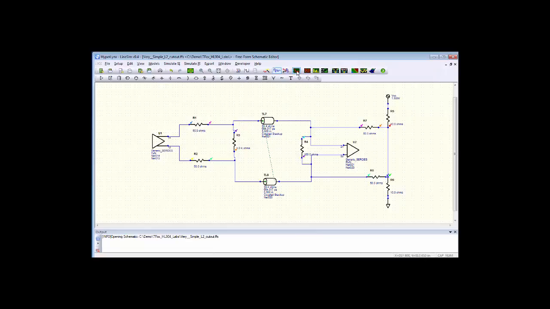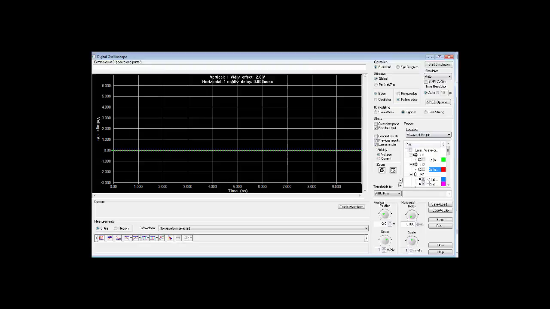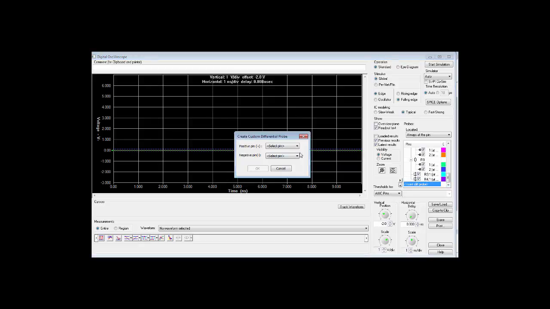So looking at R3, I want to see what is the voltage across there. So let's get R3. So I've got the voltages across R3. Actually, what I need here is I need to insert a differential probe. So I'm going to put one across R3.